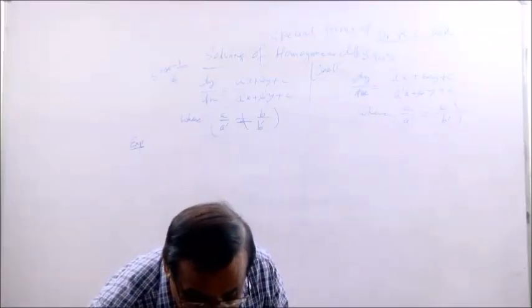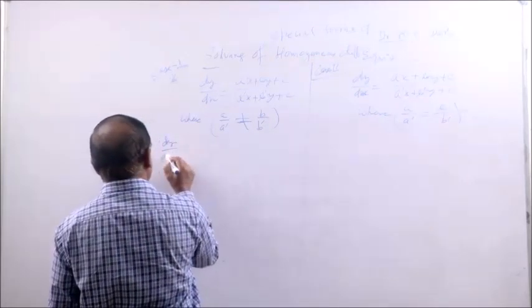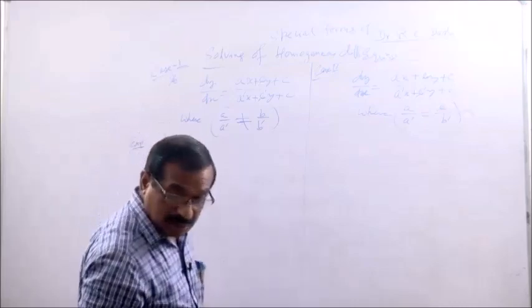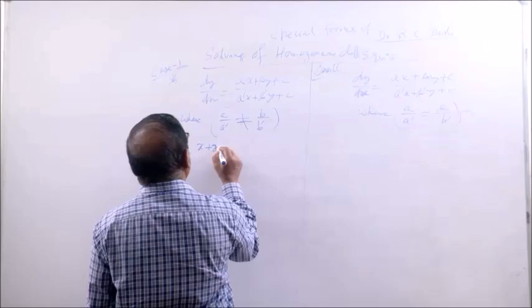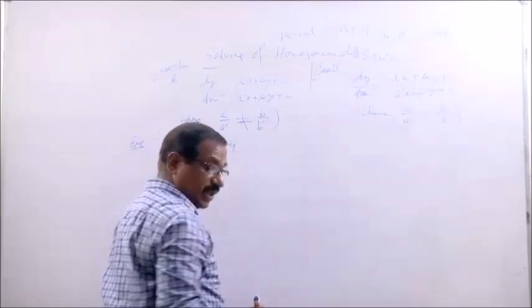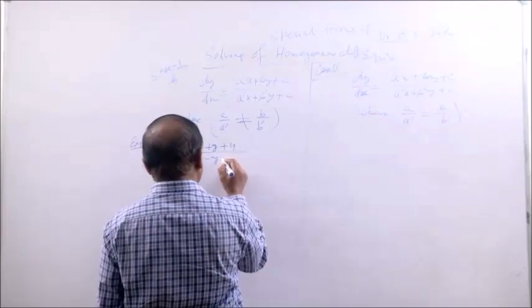Now, the first question is dy by dx equals x plus y plus 4 by x minus y minus 6.